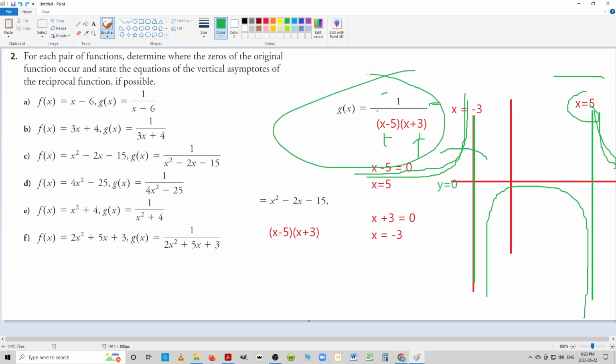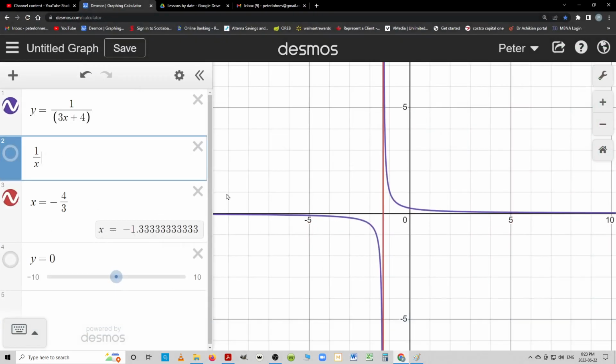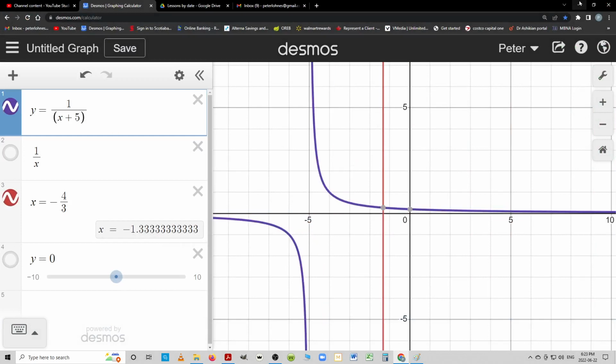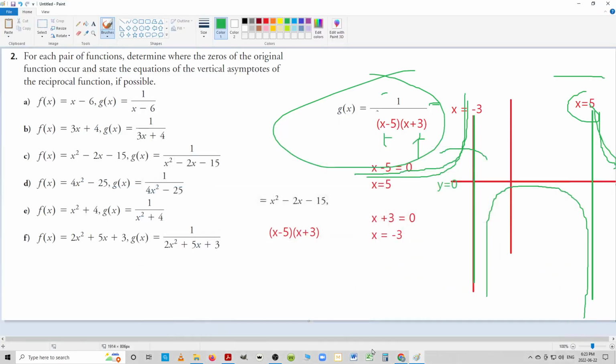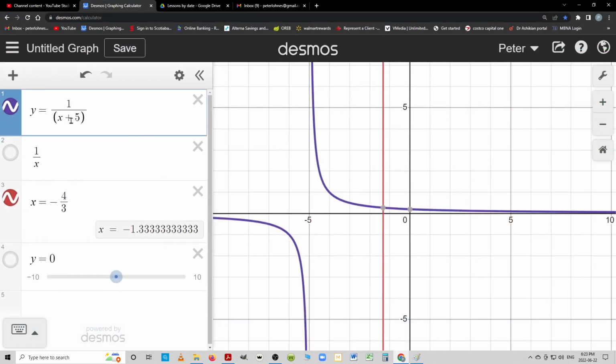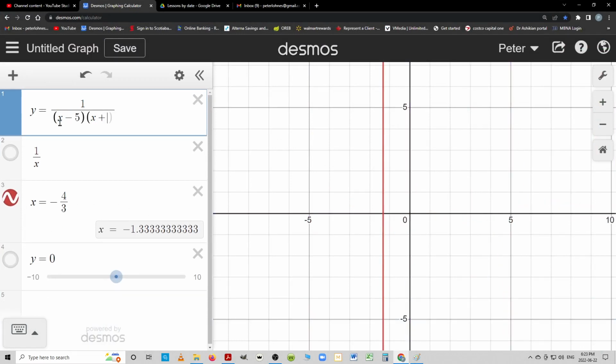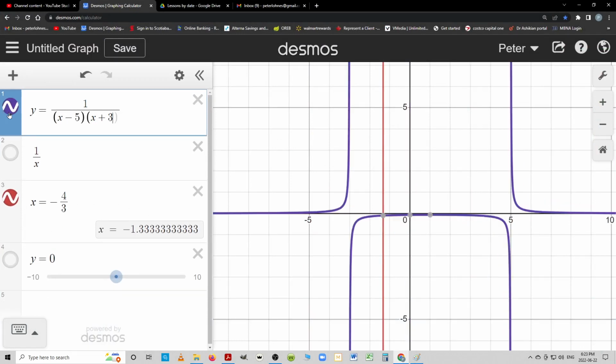But let's see if we got this right. 1 over x minus 5 and 1 over x plus 3. Was it plus 5 or minus 5? X minus 5 and plus 3. And I'm just going to turn it off. There we go.